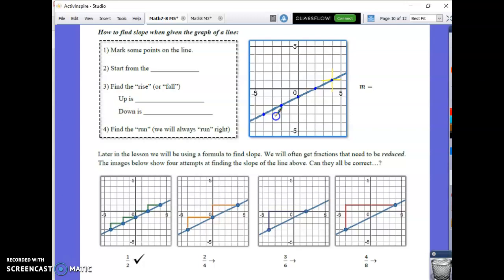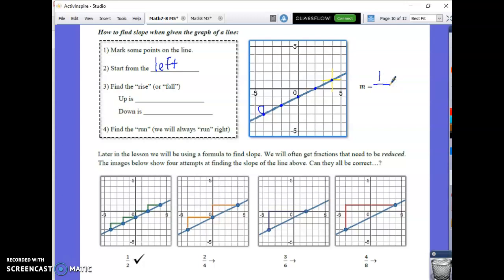So it says start from the left, find the rise or the fall. If we're going from the left, we're going to have to go to the next point over. So to get from here to here, we're going to rise how many units? Well, we rose 1 unit.